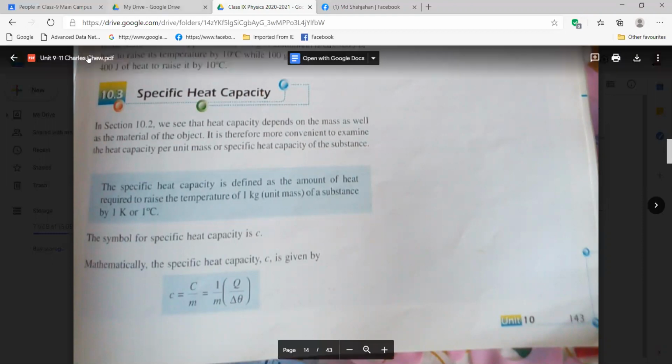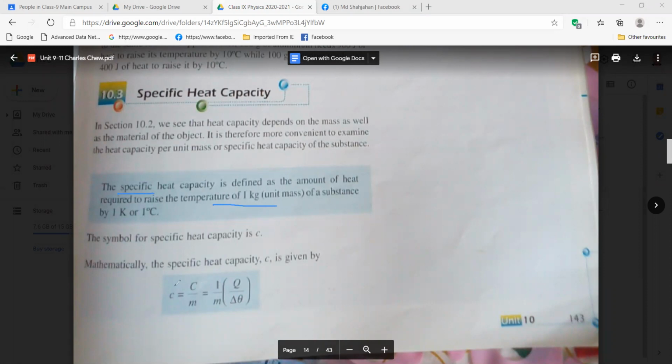Okay, so I'm making it simpler for you. Here we have the main difference between heat capacity and specific heat capacity. It's becoming specific heat capacity because we are taking 1 kg object.